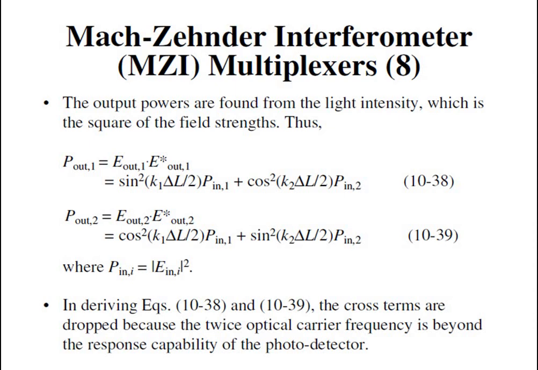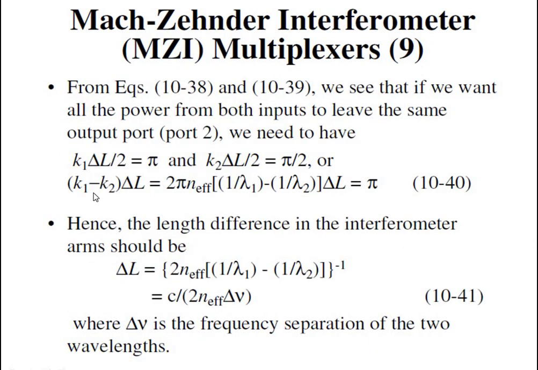So from equations 10.38 and 10.39, we see that if we want all the power from both inputs to leave the same output port, we need to have K1 delta L by 2 equal to pi and K2 delta L by 2 equal to pi by 2, or (K1 minus K2) delta L equal to 2 pi n effective into (1 by lambda 1 minus 1 by lambda 2) delta L equal to pi.